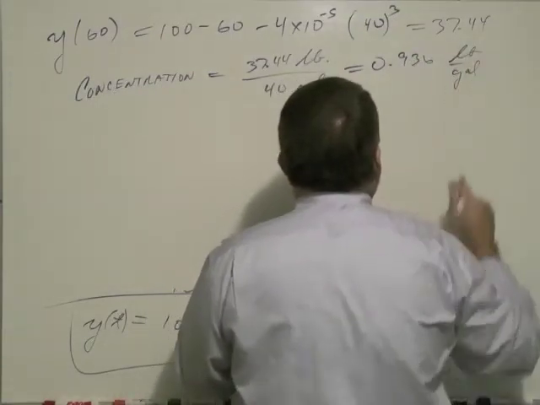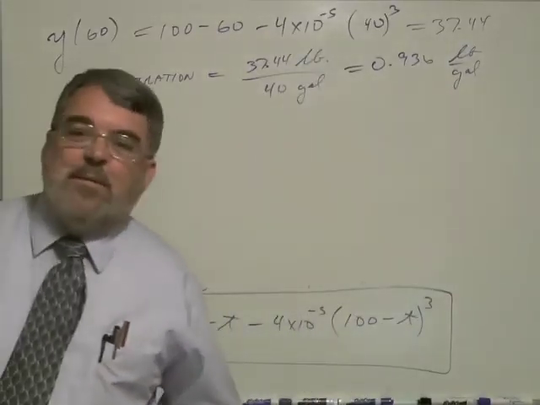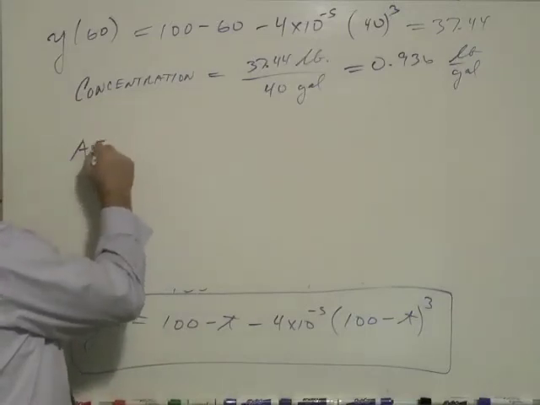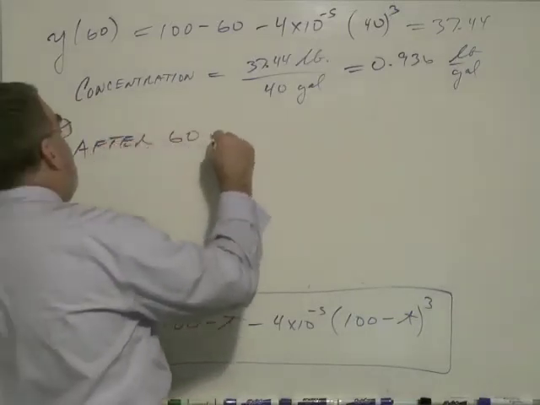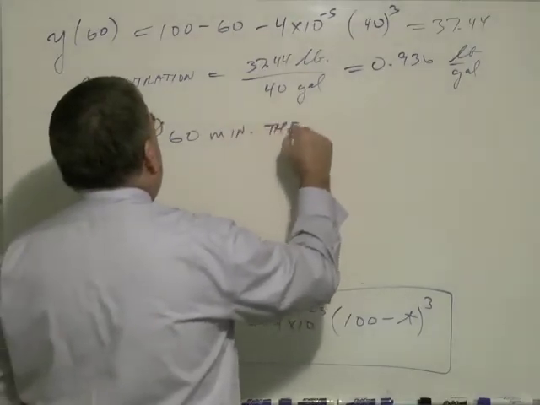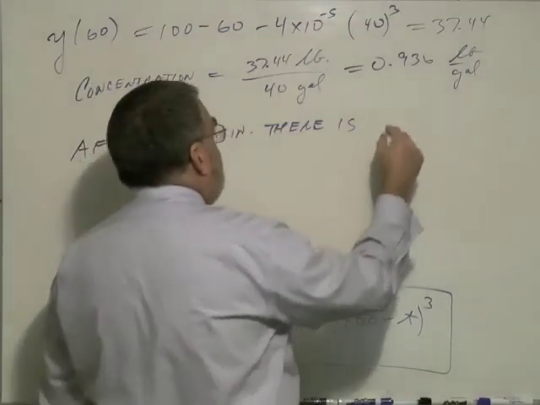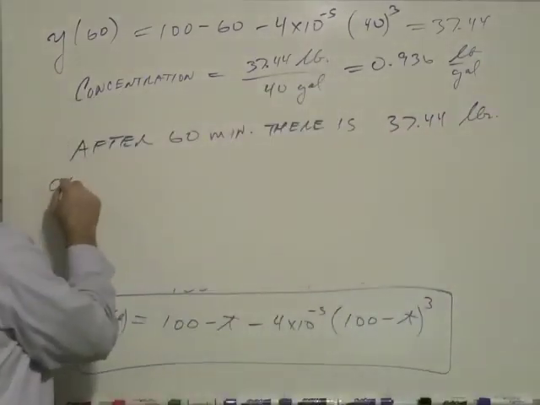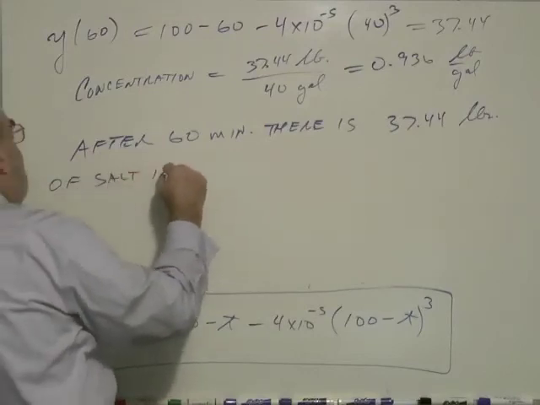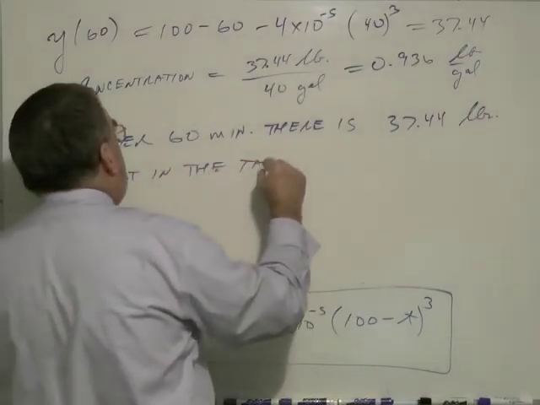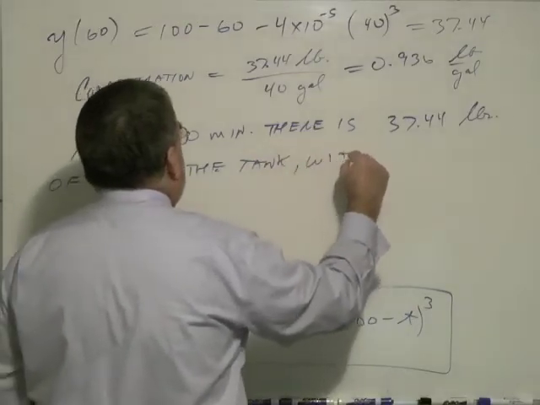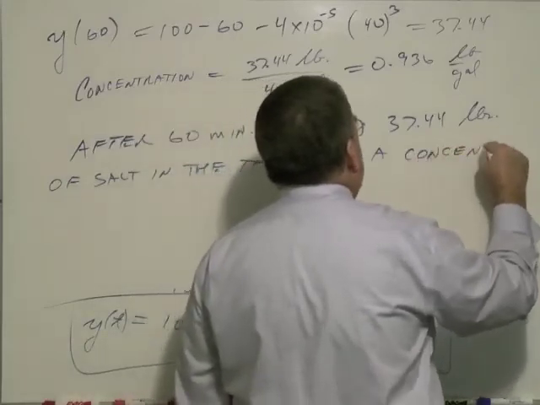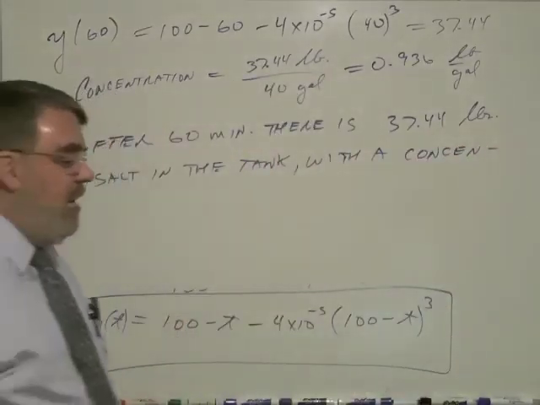All right, well, if you're my student, I'm going to expect you to write a sentence or two. So after 60 minutes, there is 37.44 pounds of salt in the tank with a concentration, that comma probably doesn't need to be there.